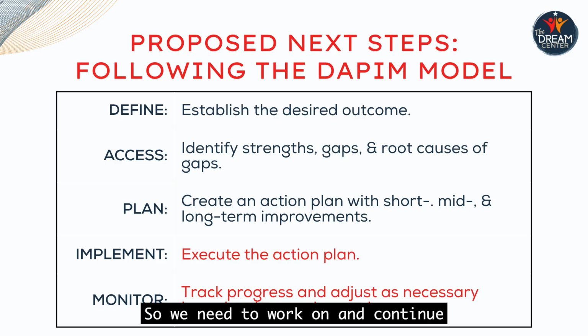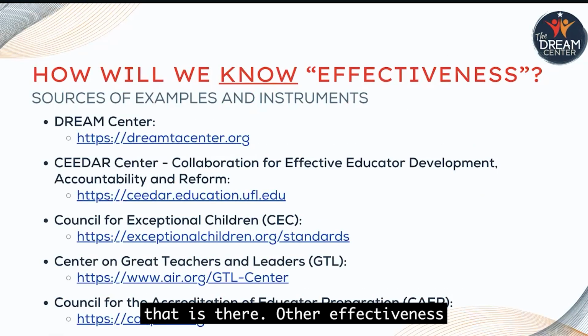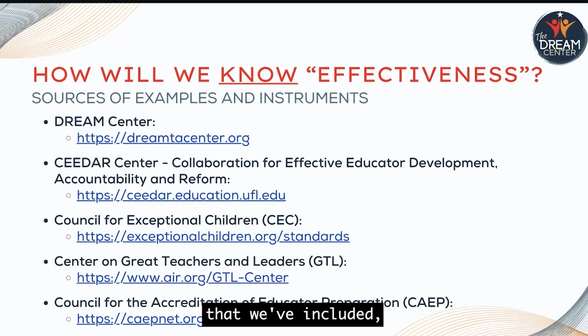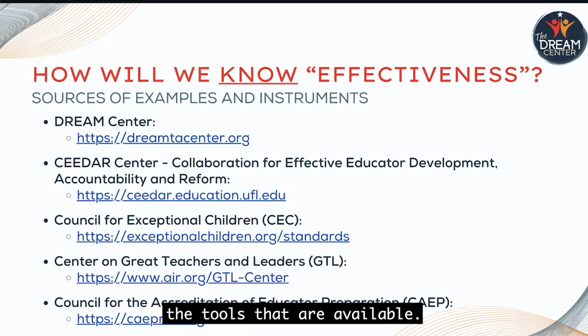So we need to continue this great work to execute our action plans, to track and adjust as we're moving forward. And so thank you, we've got this framework that is there. Other effectiveness resources, we've included, there's so many things, and I know that these are already in the DREAM Center's webinar and feedback information, the tools that are available, but just a couple others to bring back to your attention.